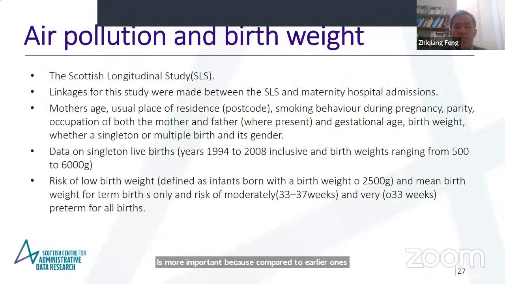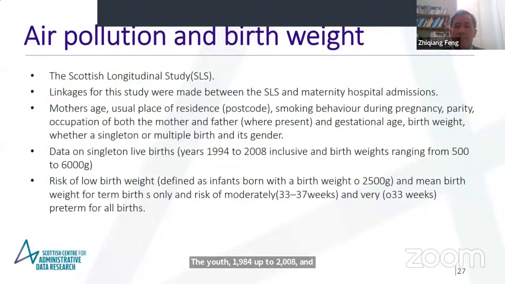The third example I'd like to give is air pollution and birth weight. Again, this is a piece of work using the Scottish Longitudinal Study. In this case, they use 1994 up to 2008.